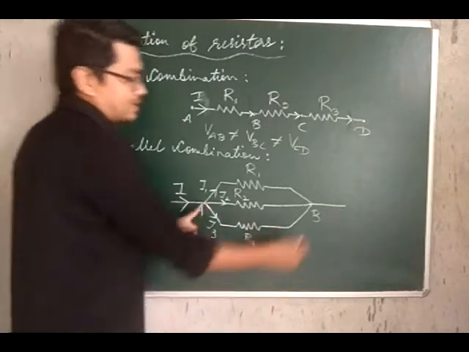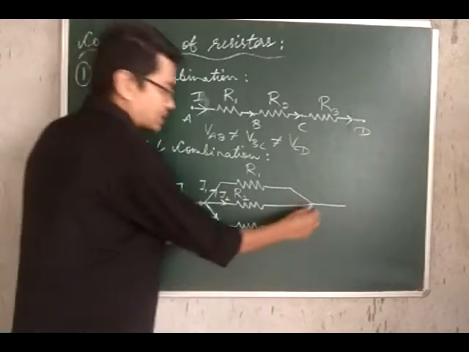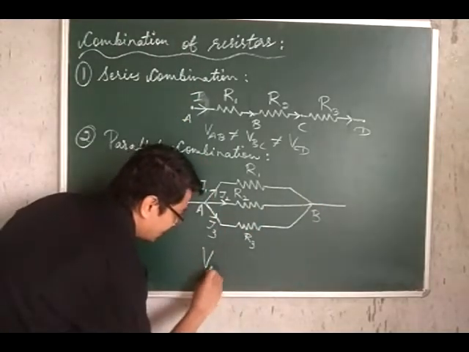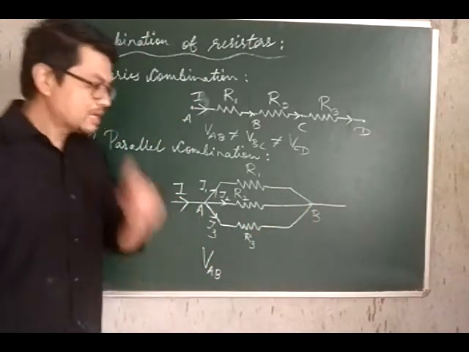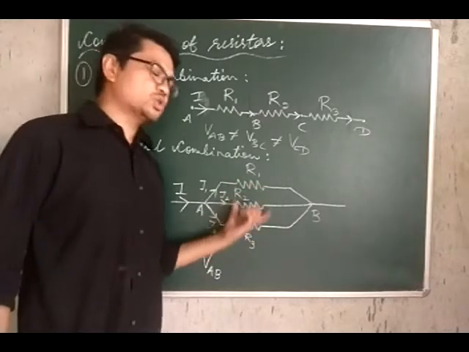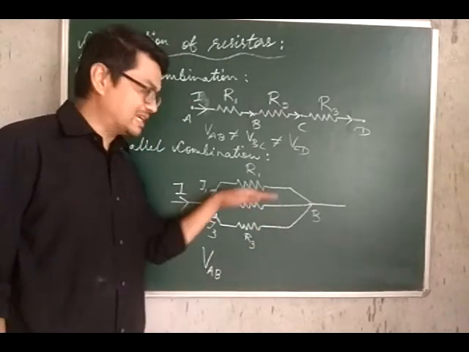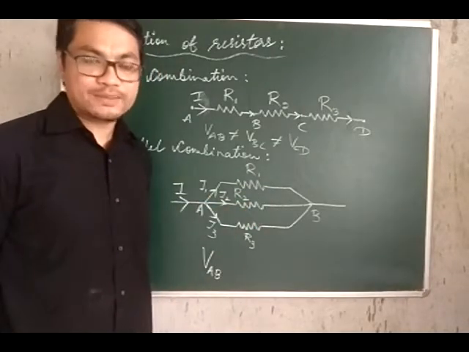Whereas since the two ends of each of the resistors are connected to the same two junctions A and B, therefore if we say VAB is the potential difference between point A and point B, then the potential difference across each of the resistors is going to be equal to VAB, the same, since they are connected to the same two junctions.